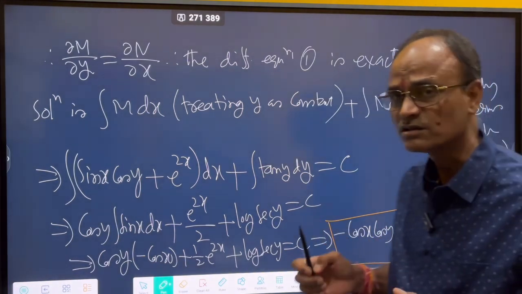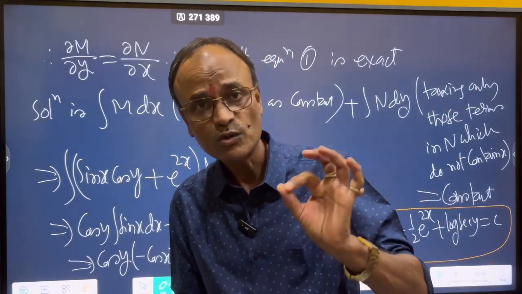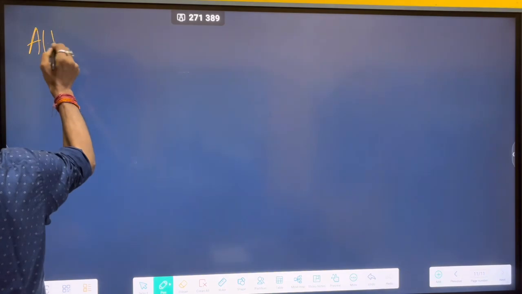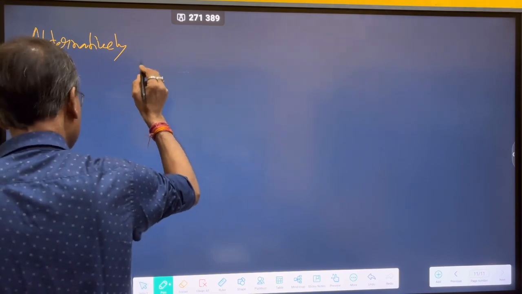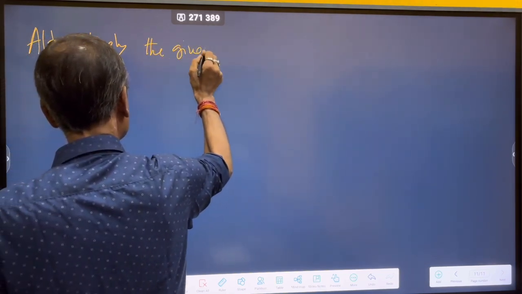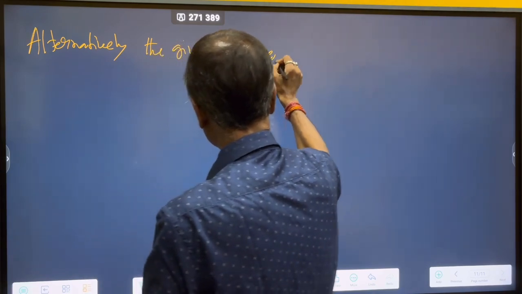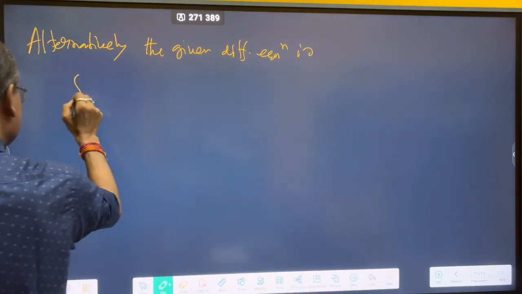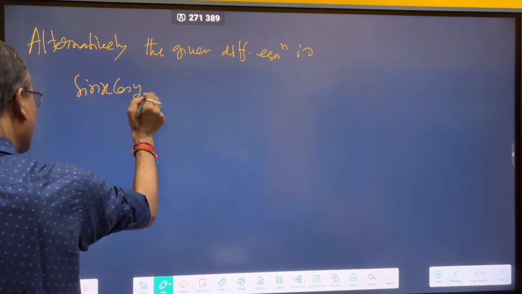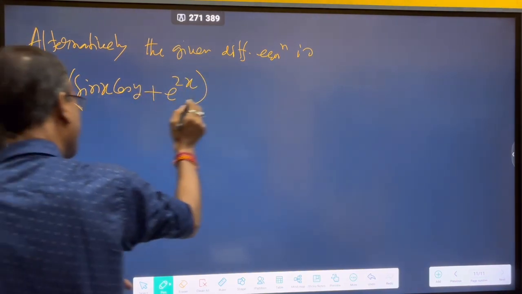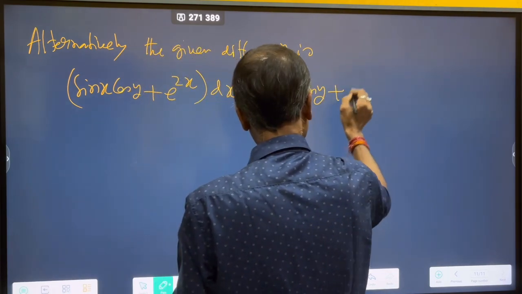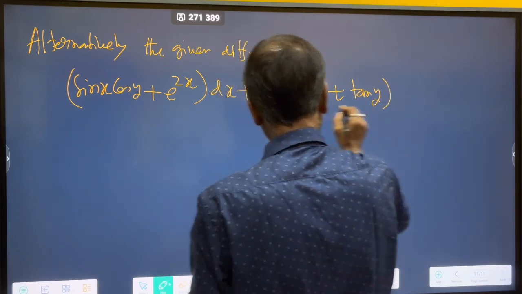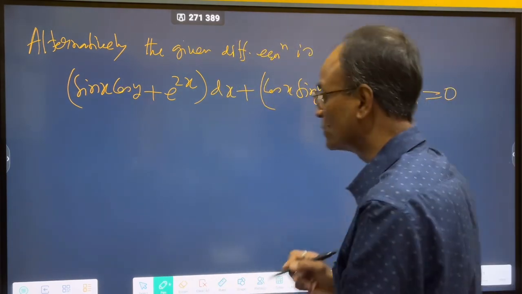Now let me solve this problem in an alternative way. Alternatively, the given differential equation is sin x cos y plus e to the power 2x dx plus cos x sin y plus tan y dy equal to 0.